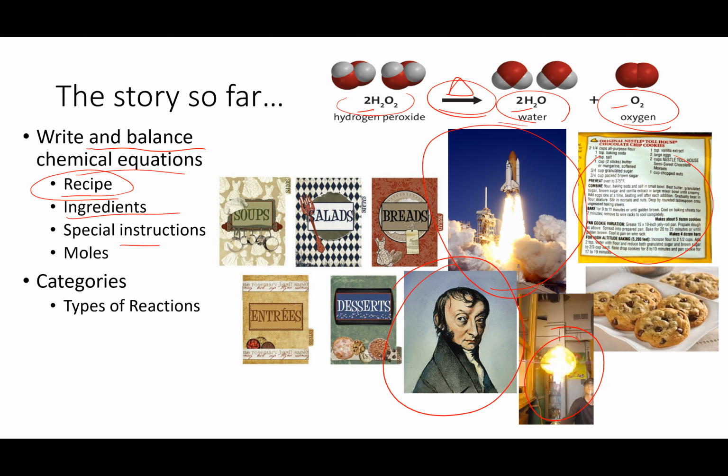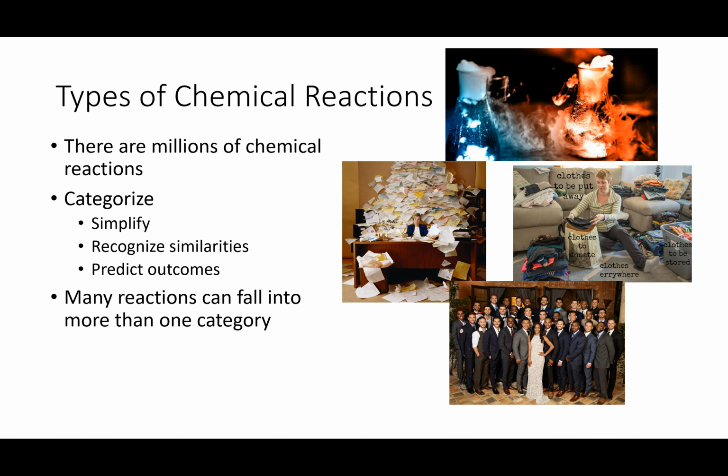What we're going to do this time is talk about different types of reactions. As we think about these types of reactions, I want you to think about them sort of like types of goods you can cook or categories in a cookbook. Now, there are millions of different kinds of chemical reactions, and human beings categorize things in order to simplify.